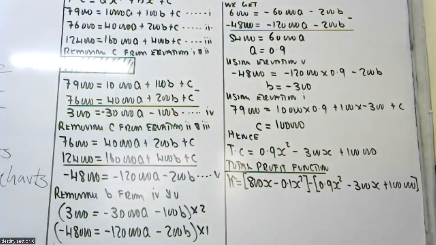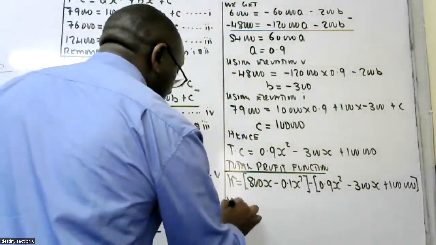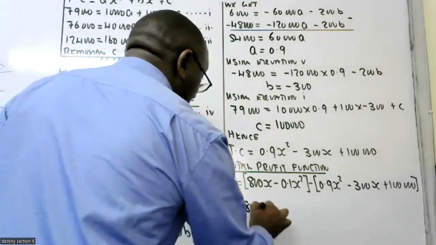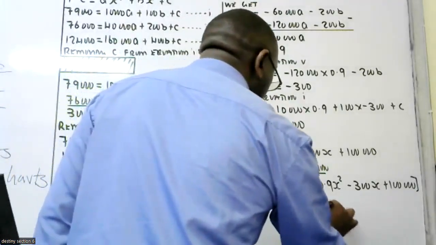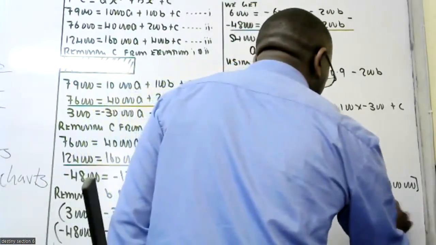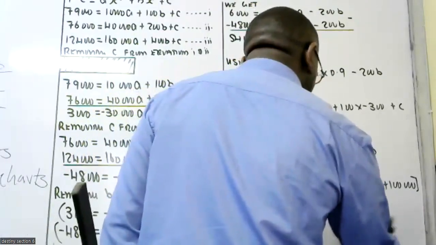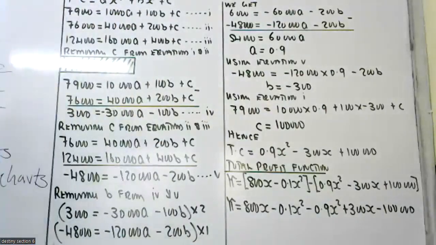Opening the brackets: 800x minus 0.1x squared minus 0.9x squared plus 300x minus 100,000.